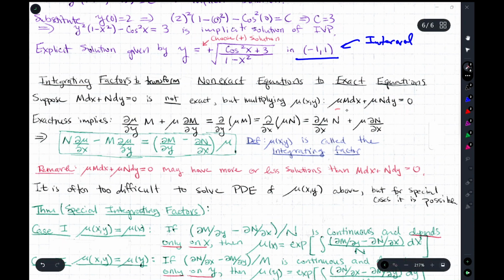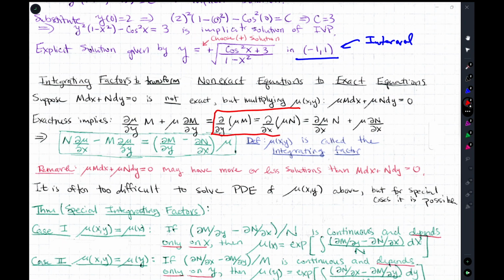And this equation would be exact if partial y of mu M is equal to partial x of mu N. I write the central condition right here.